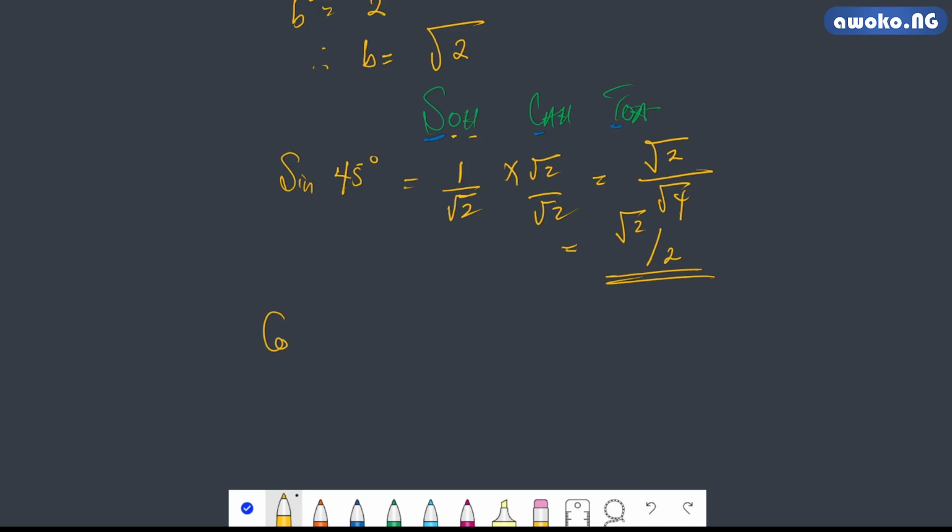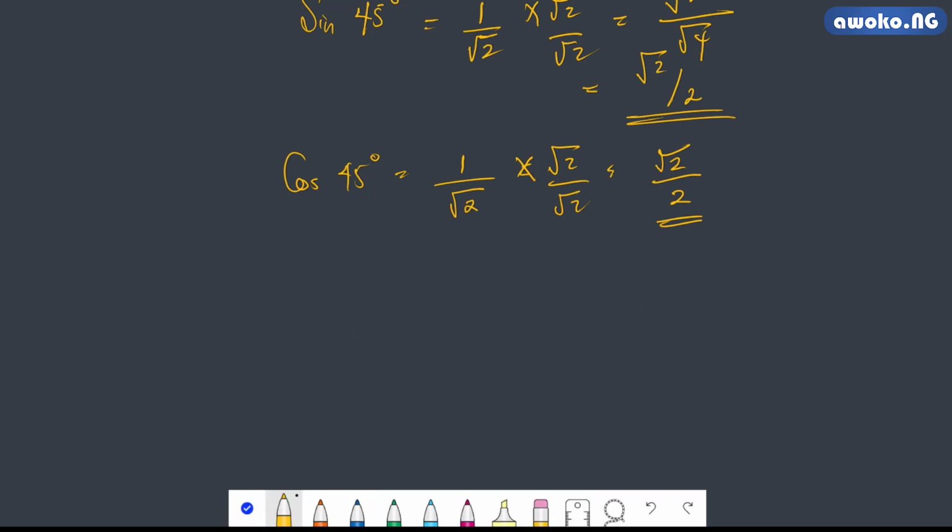You can also do for cos 45 degrees. Cos is adjacent over hypotenuse. So we have our adjacent to be equal to 1 and the hypotenuse is root 2, which is also by rationalization equal to root 2 over 2. But the tangent, which is tan 45 degrees, is equal to the opposite all over the adjacent, which is 1 over 1, which is equal to 1.